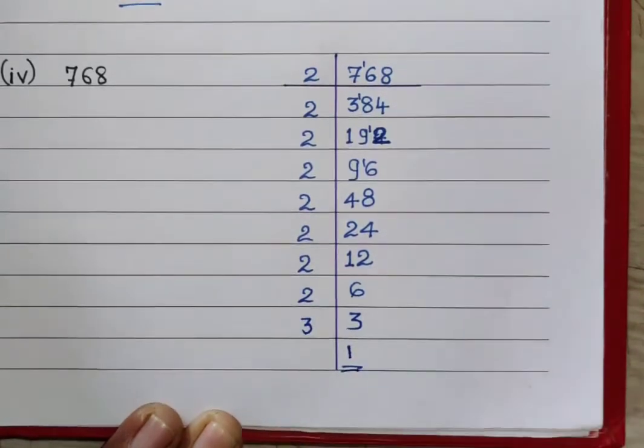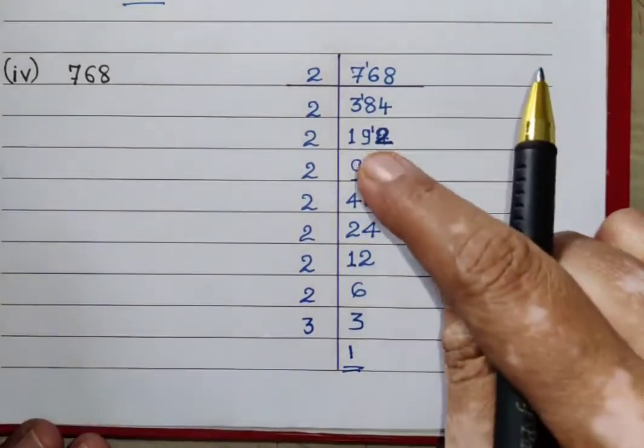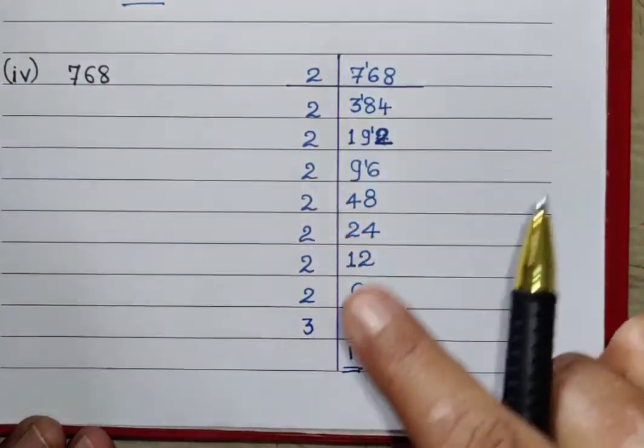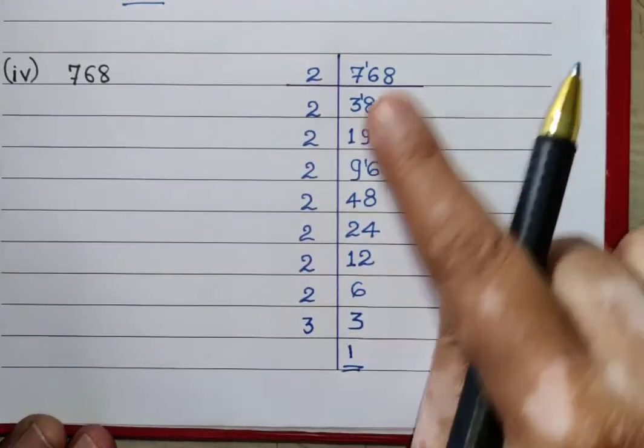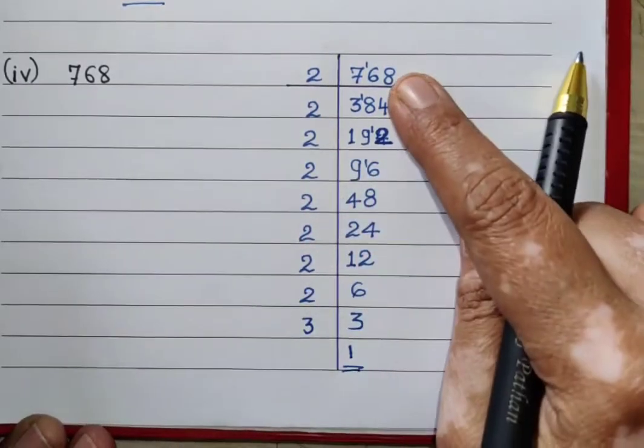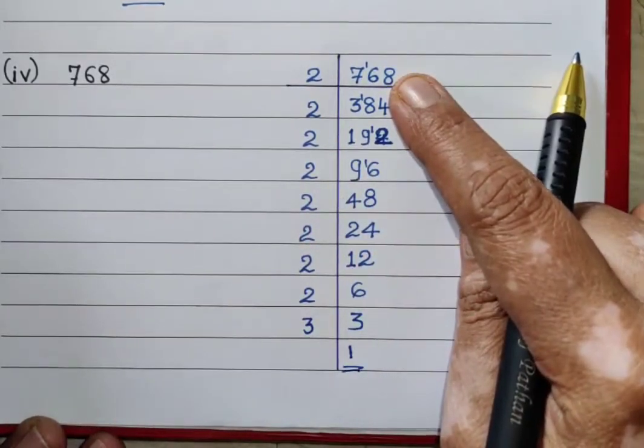Here comes 1, and I have done all the prime divisions of the number 768.